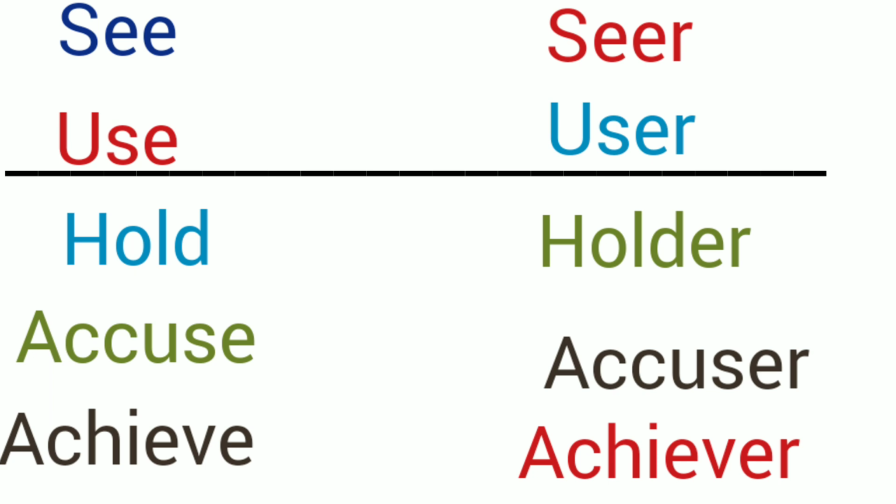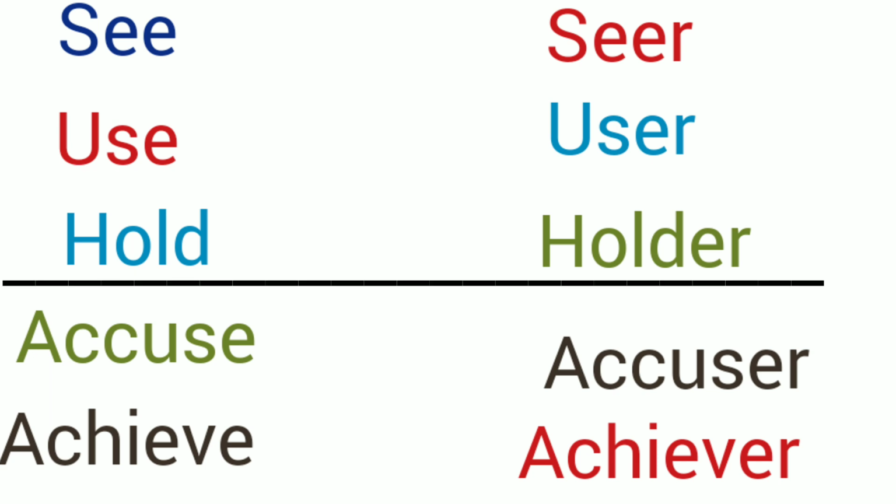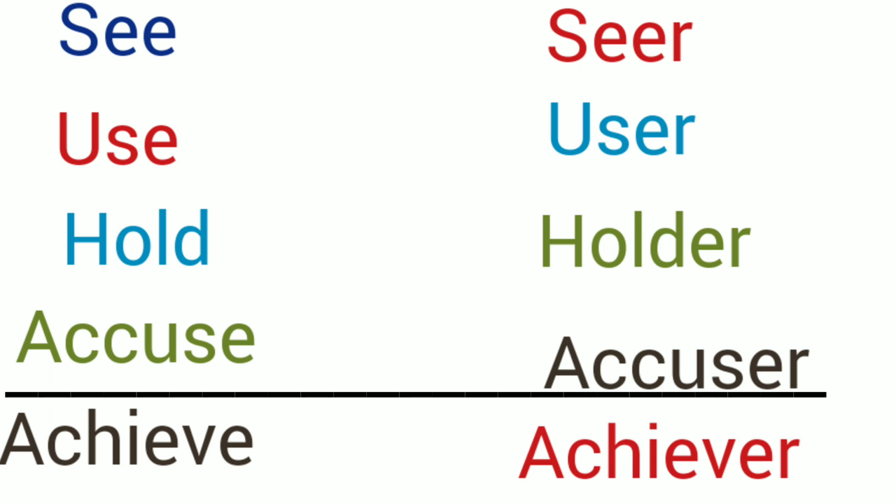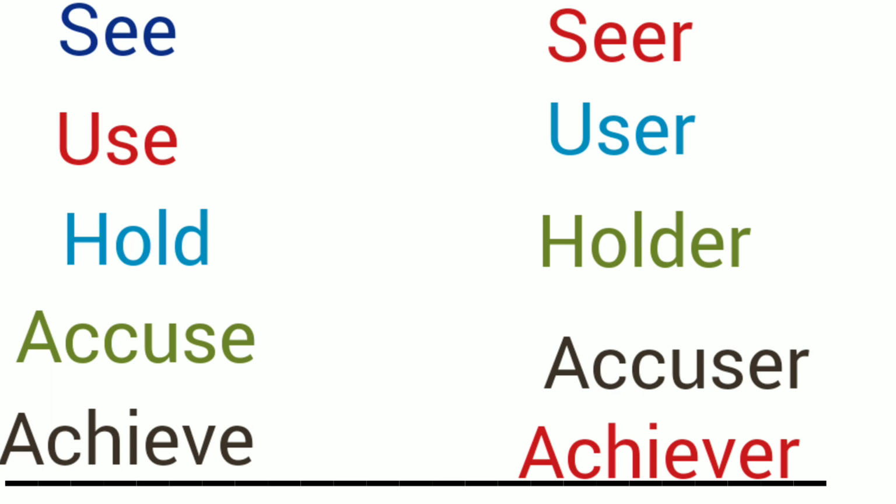Someone who uses anything is the user. Someone who is holding a particular thing is the holder. Someone who is accusing somebody is the accuser. And we still have achieve, and someone who is achieving is the achiever.